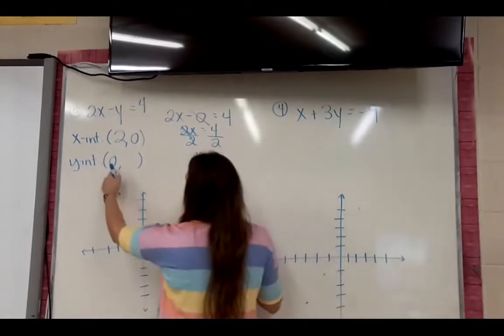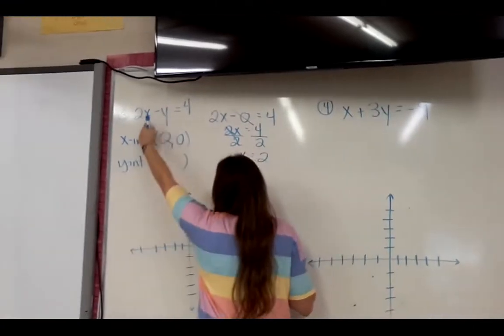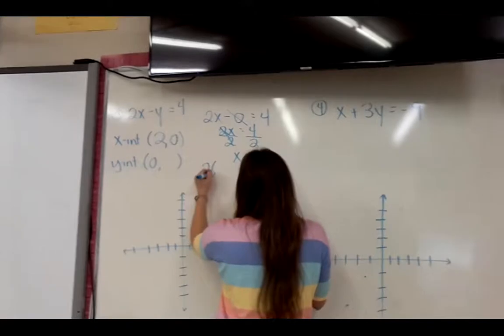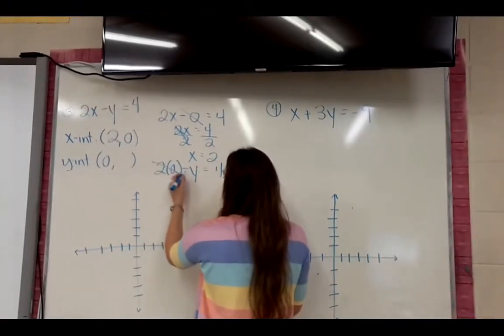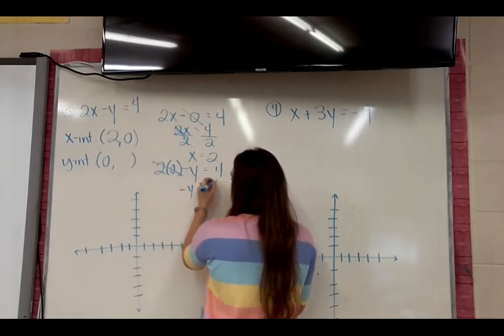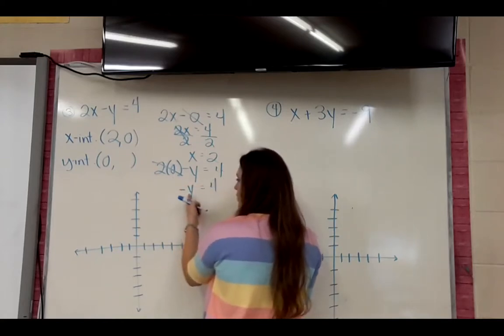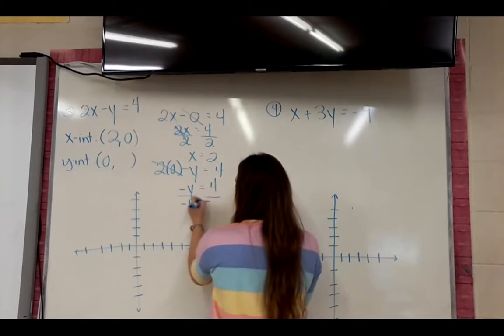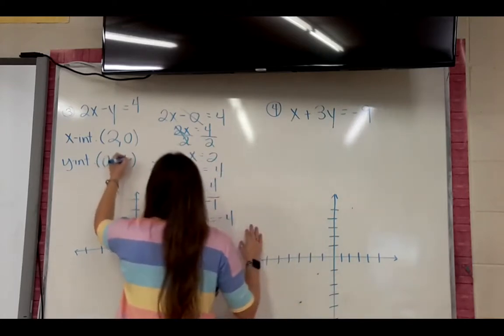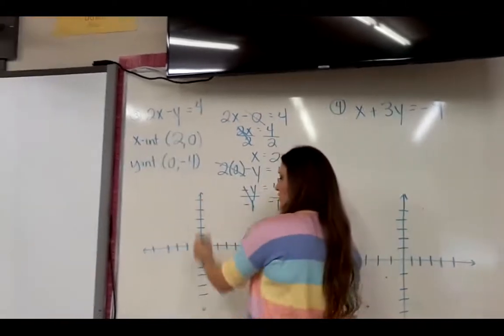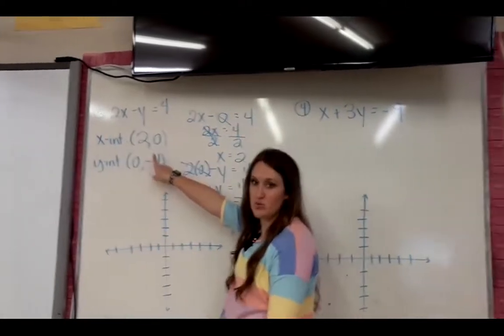My y-intercept is when I go back and plug 0 in for x so that I can solve for y. Well, 2 times 0 cancels, but I have a negative y equals 4. That's a negative 1y, so I have to divide both sides by negative 1. Y is negative 4. So now you draw a little graph. We're going to graph these 2 points.